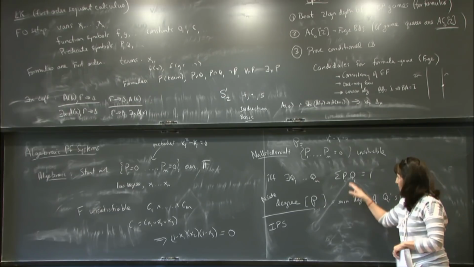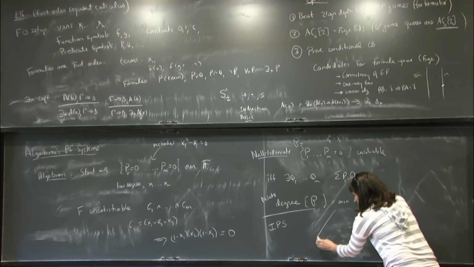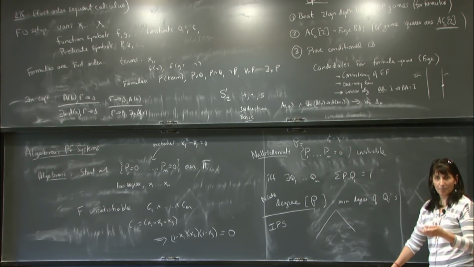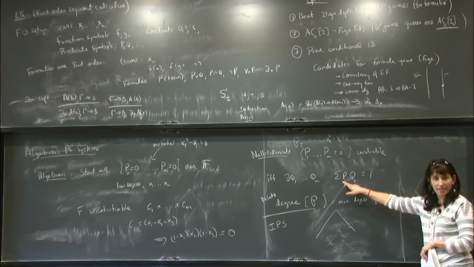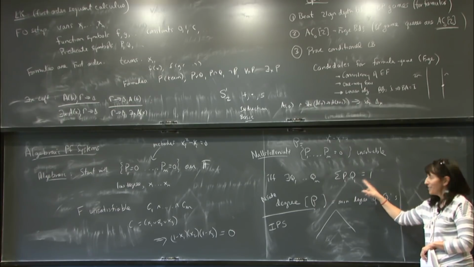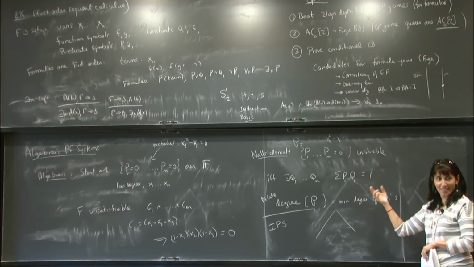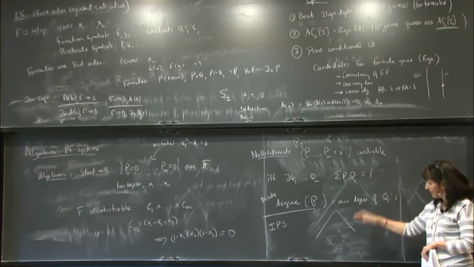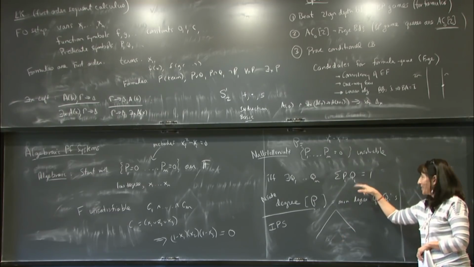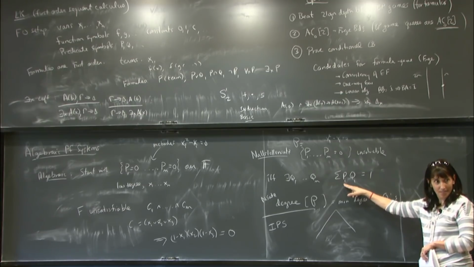Another way that you could measure the size of this proof is you could think of it as an algebraic circuit or an algebraic straight line program that starts with the Pis. In other words, you're trying to construct a one in the ideal. So you start with the P's, and you're allowed to multiply P's by each other, add P's, to eventually get one. So I could also think of the size of the algebraic circuit that generates one in the ideal of the P's. Does that make sense?